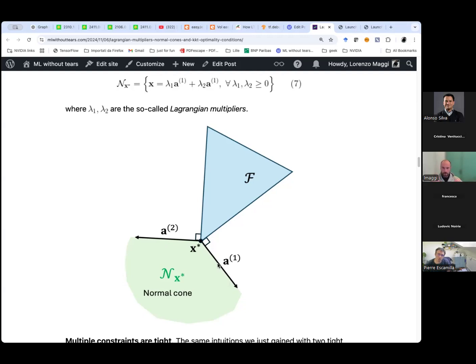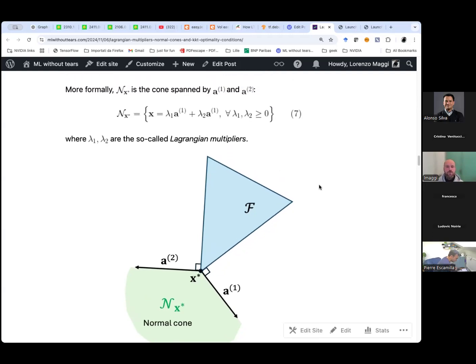This only holds for the constraints that are tight, because for this constraint it is as if it were not even present. If this constraint were not there, we would have something that goes to infinity and we would not care. So that does not get into the picture when defining the normal cone.